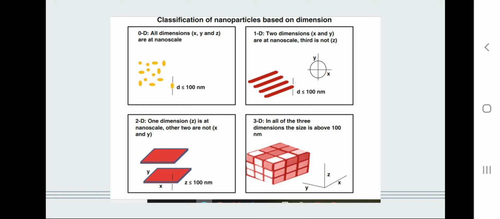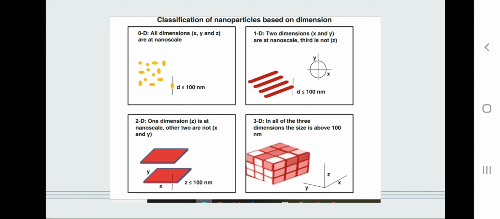In 2 dimension, one of the dimensions is at nanoscale, whereas the other two are not. And in 3 dimension, all 3 dimensions have a size above 100 nanometer. So this is the classification of nanoparticles based on dimension.